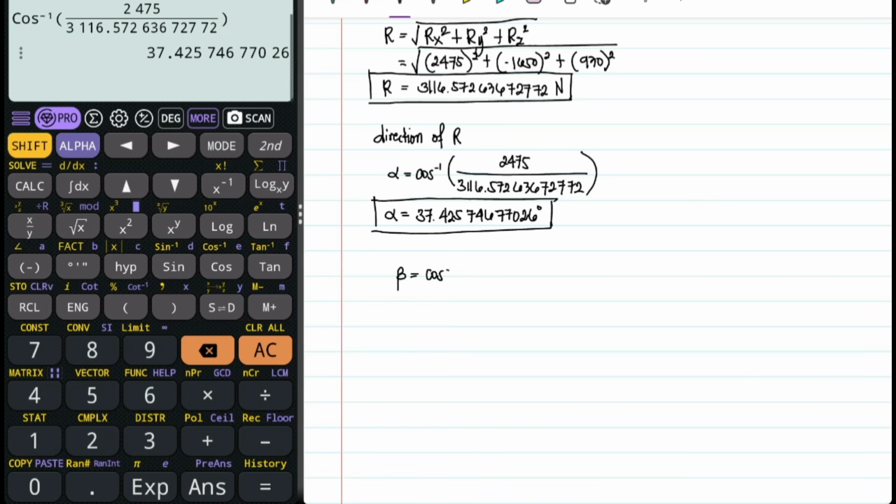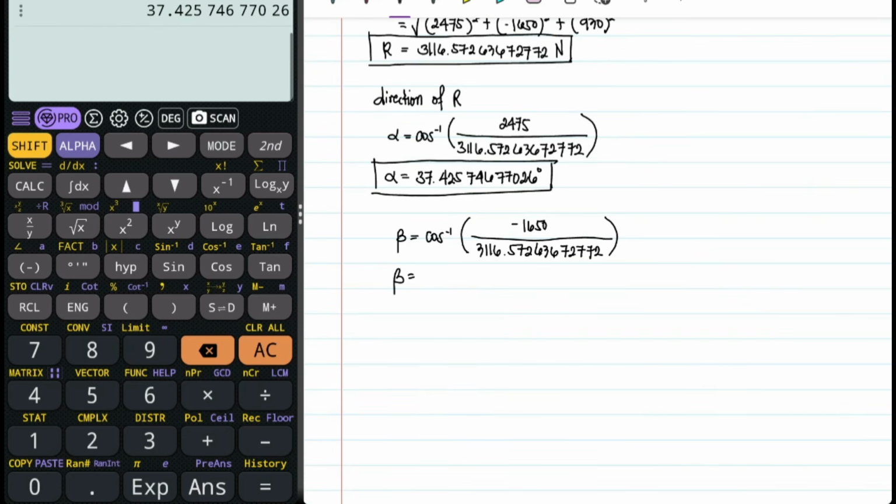Next, for our beta, or the angle measured from the positive y-axis, that is arc cosine of negative 1650 divided by the magnitude of our resultant, which is 3116.57263672772, and we input that in our calculator. So shift cosine negative 1650 divided by 3116.57263672772.